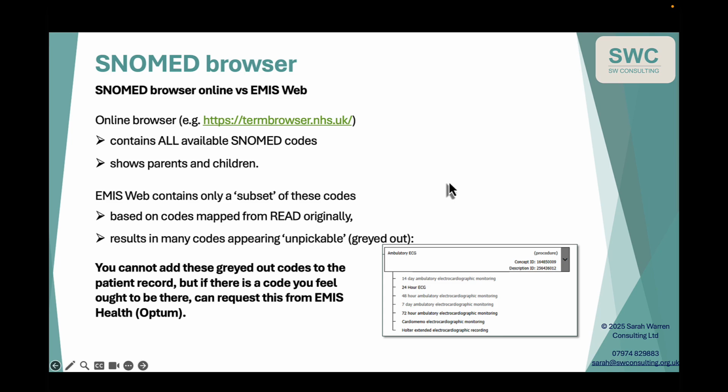So other questions around the SNOMED browser and why there are greyed out codes. Now, there is an online browser. The link is there, and that contains all available SNOMED codes. It shows the parents and children, and it's everything in there.